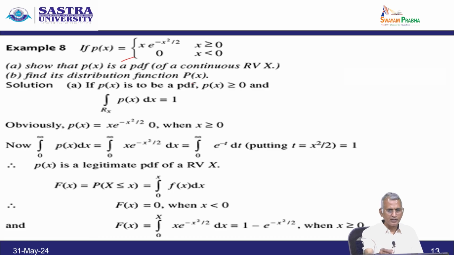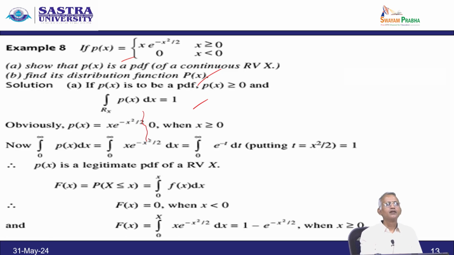If p of x is to be a PDF, then p of x is positive and the integral of p of x dx equals 1. We have p of x equal to x into e power minus x square by 2 if x is positive, and otherwise it is 0.